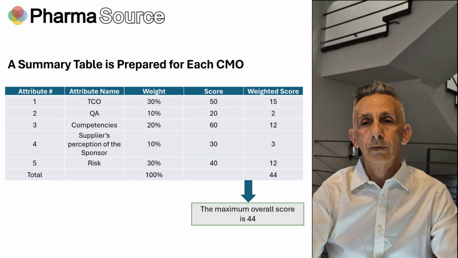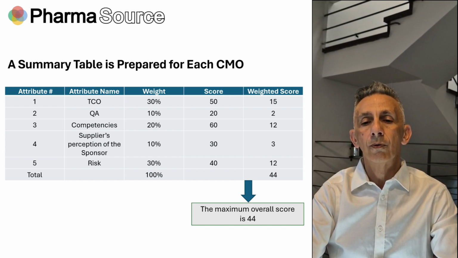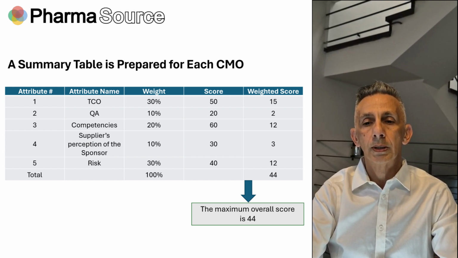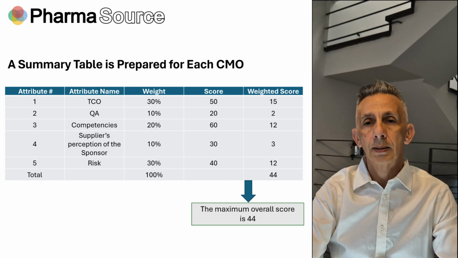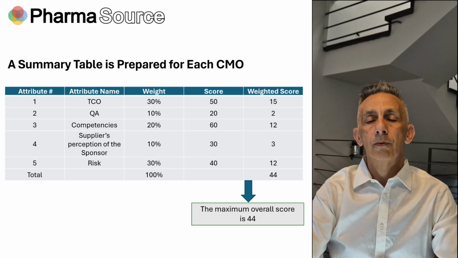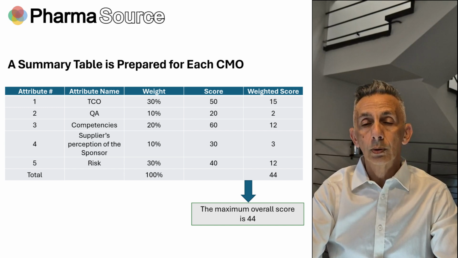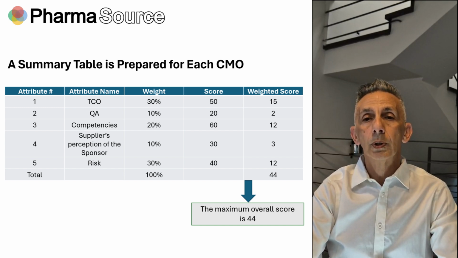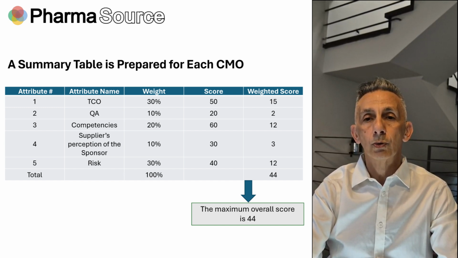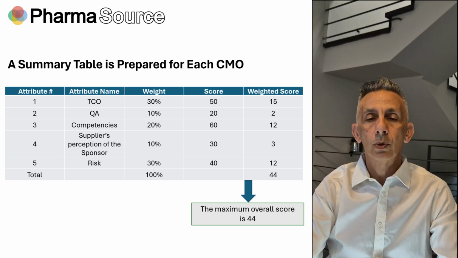At the end of the day, the total weighted score will give a final mark for each CDMO. This mark is, for us, the quantitative tool to define whether we want to choose CDMO 1, 2, or 3.